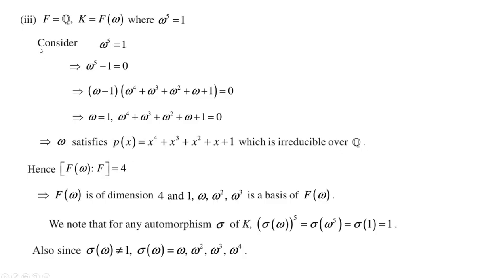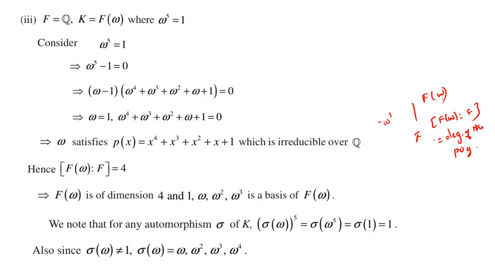So you have F as your Q. The degree of F(omega) over F: see in the tower diagram, if we know the degree of the irreducible polynomial which this omega satisfies over F, that will be the degree of F(omega) over F. The degree of F(omega) over F is nothing but the degree of the irreducible polynomial; here degree stands for dimension.